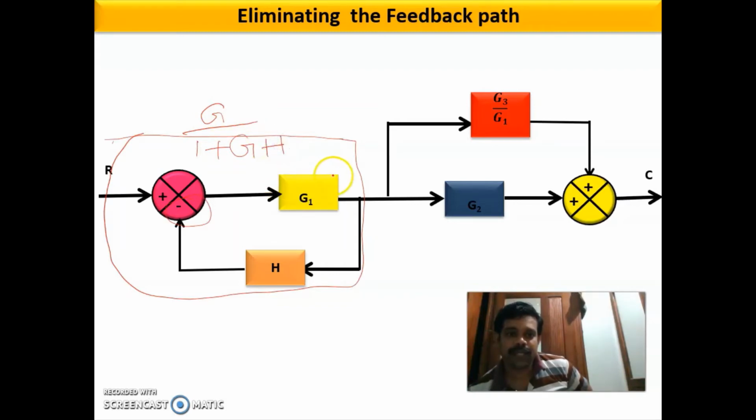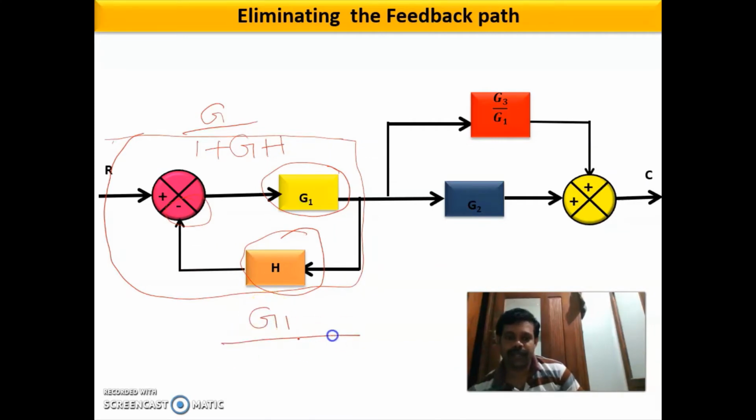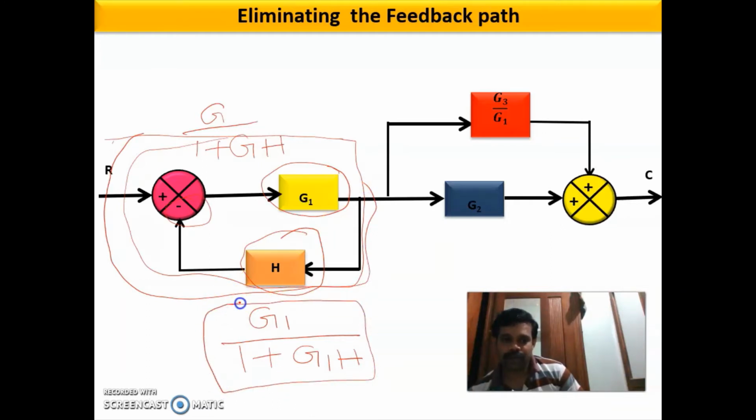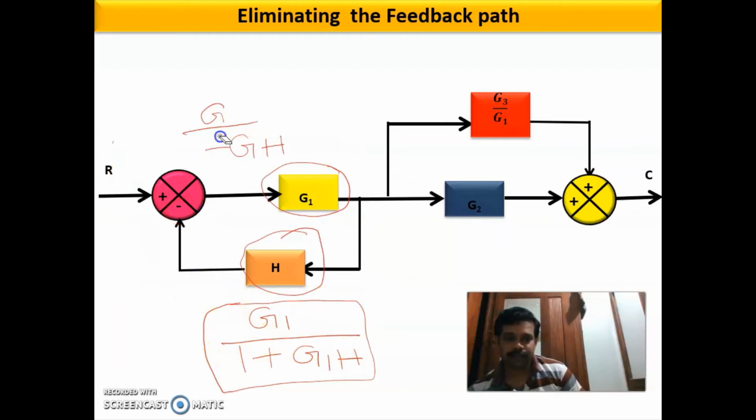Here G is nothing but G1 and H is nothing but H. So you'll be getting G1 divided by 1 plus G1 into H. You'll be replacing this feedback loop with a block having a transfer function of G1 divided by 1 plus G1H. So first we are going to eliminate this feedback loop.